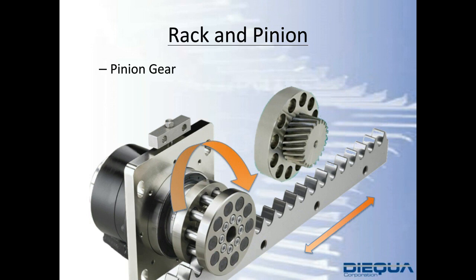One of the methods to convey rotary motion into a linear aspect is by taking advantage of what we call a rack and pinion. In this case, I'm illustrating two types of pinion gears. As the pinions rotate, they interface with the rack, and you can see the two different profiles.